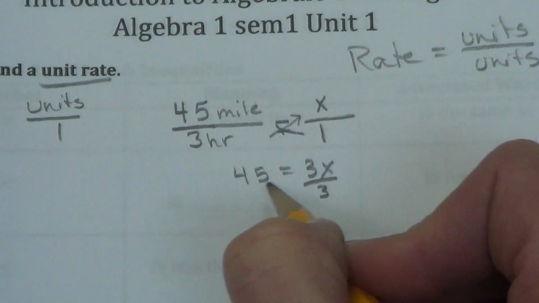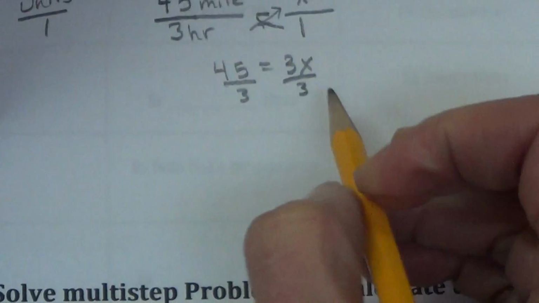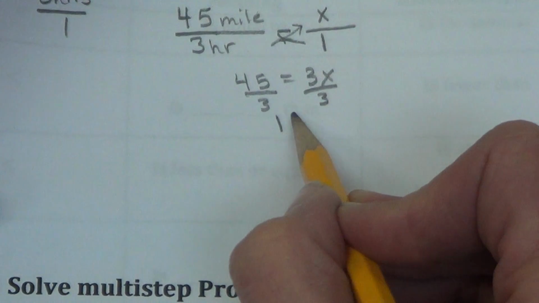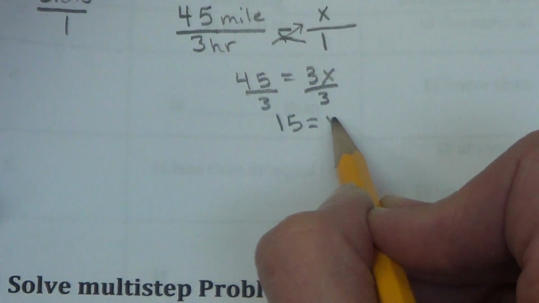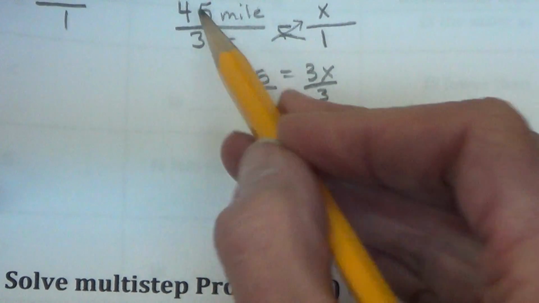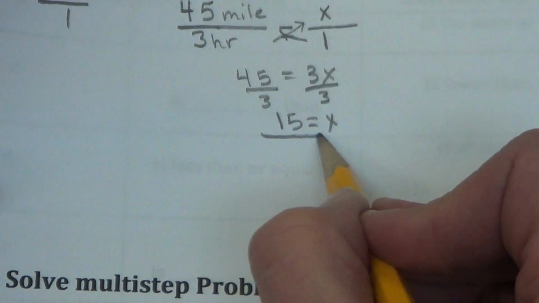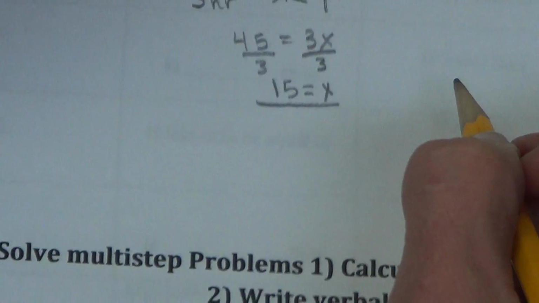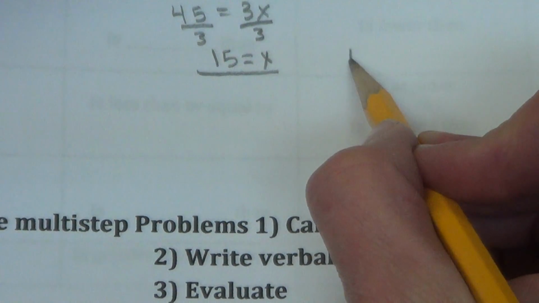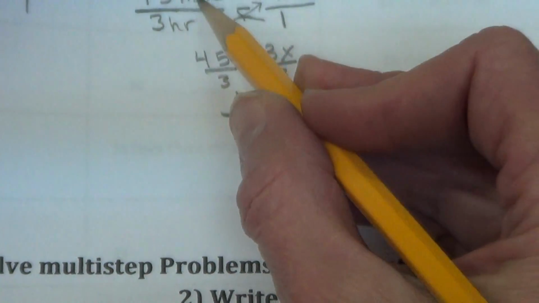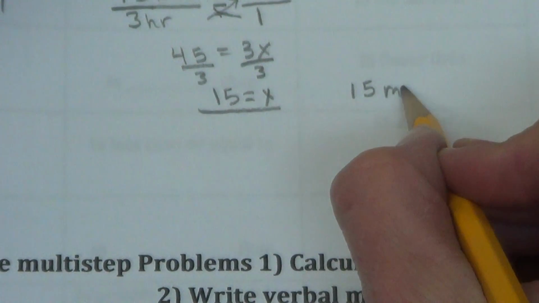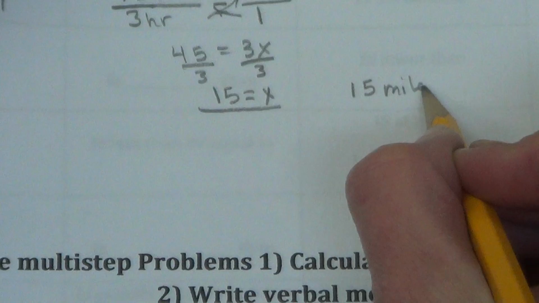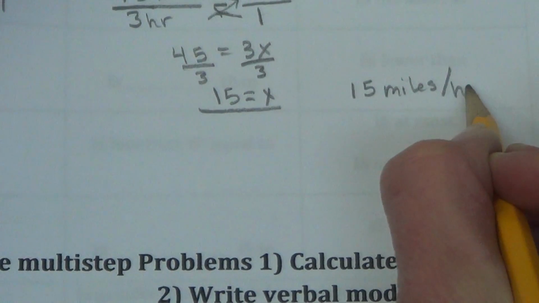Divide by 3, and we find that 15 equals x. If we had divided 3 into 45, we would have gotten the same thing. The only problem with counting that as your final answer is that you didn't convert it to a unit rate yet. You need to write it as 15 miles per hour.